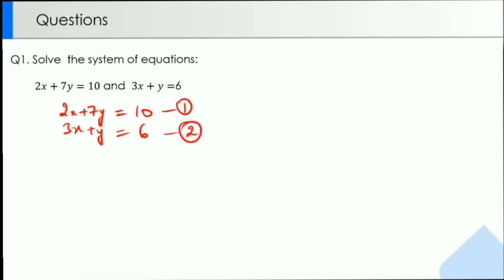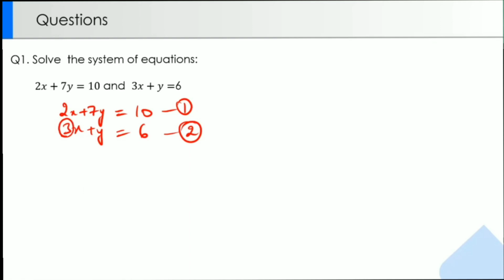Now, in the elimination method, what you have to do is either equate the coefficients of x or equate the coefficients of y. That is my wish. Let us first equate the coefficients of x. If I want to equate these coefficients, how can we do that? These are not multiples of each other. So what we can do is multiply the first equation by the coefficient of x of the second equation.